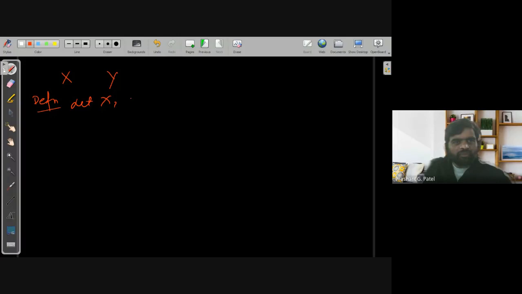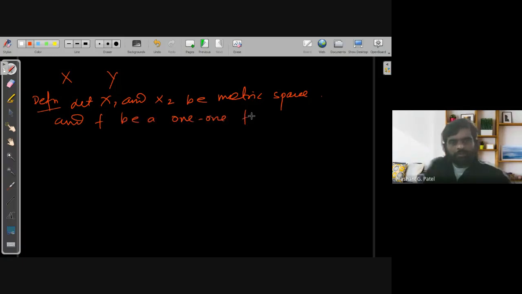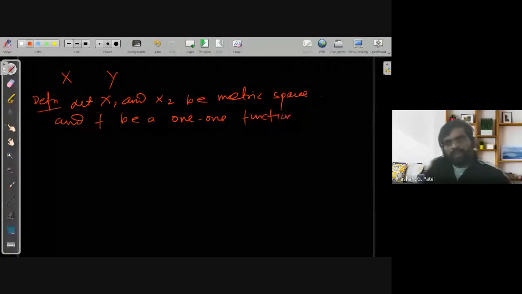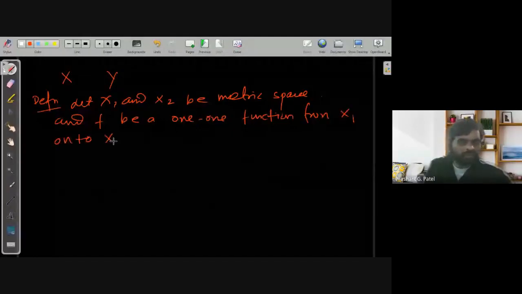Let X1 and X2 be metric spaces and f be a 1-1 function from X1 onto X2. That means f is a 1-1 and onto function.